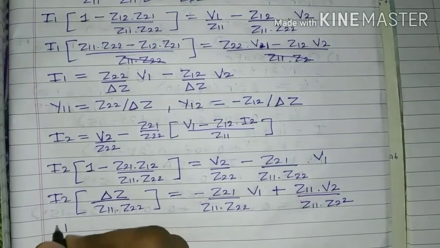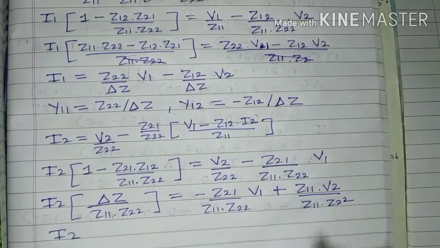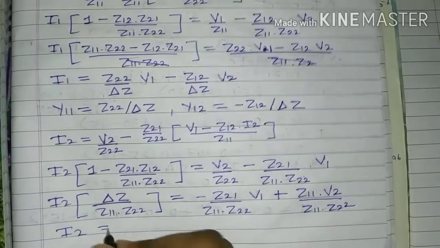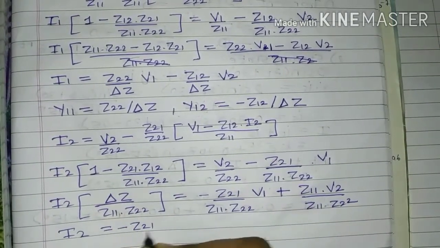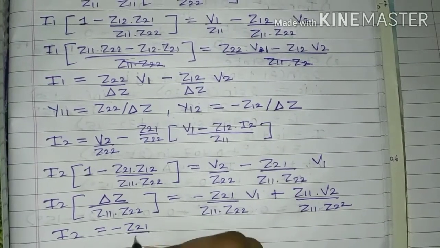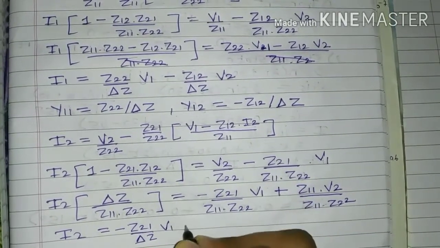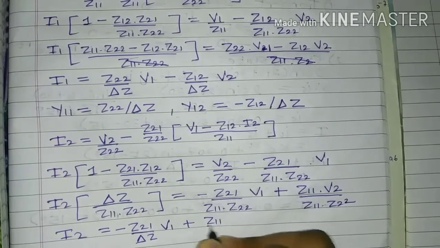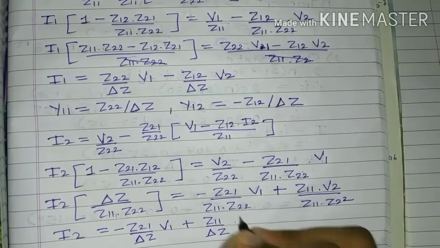Hence, since this denominator gets cancelled, I2 is equal to minus Z21 upon delta Z V1 plus Z11 upon delta Z V2.